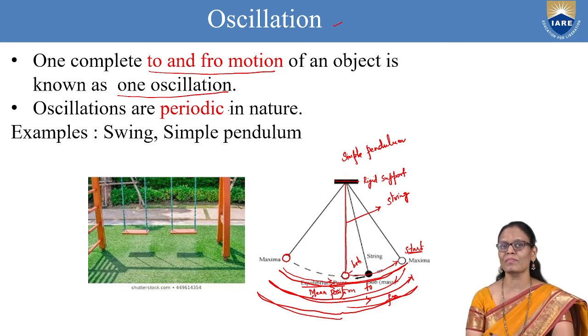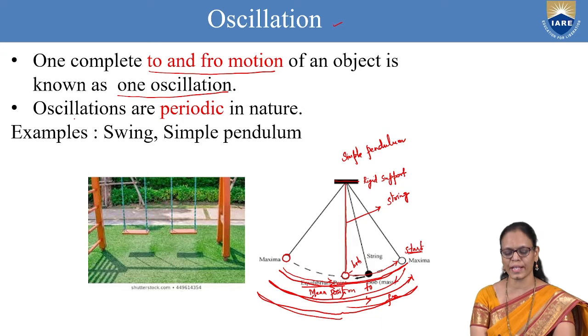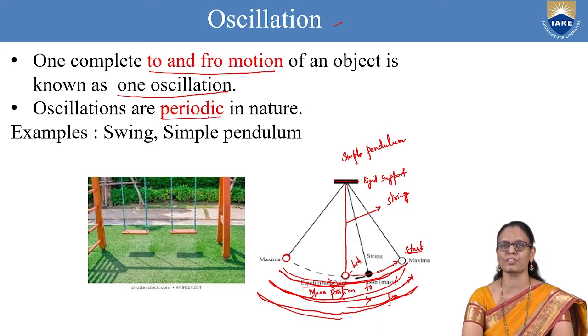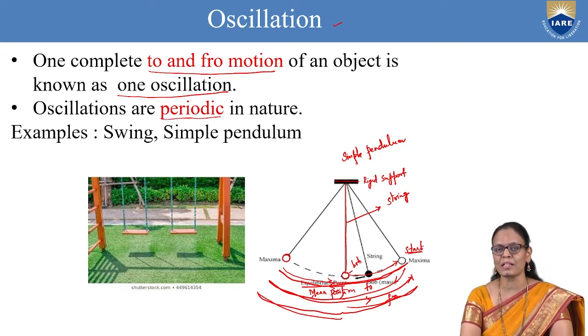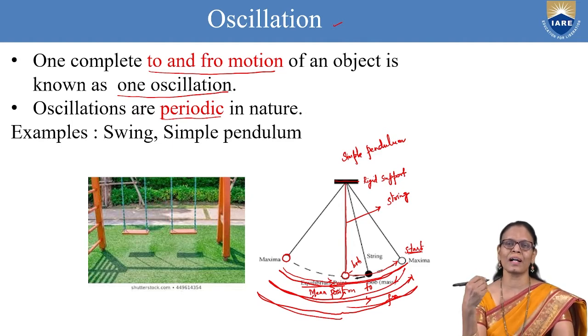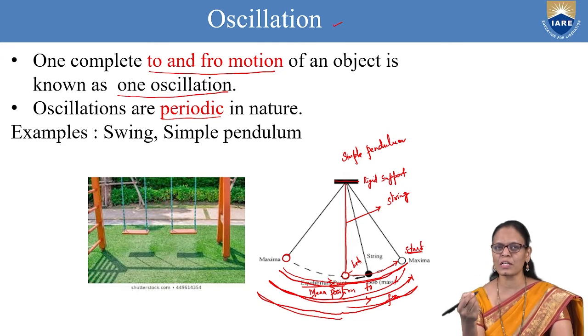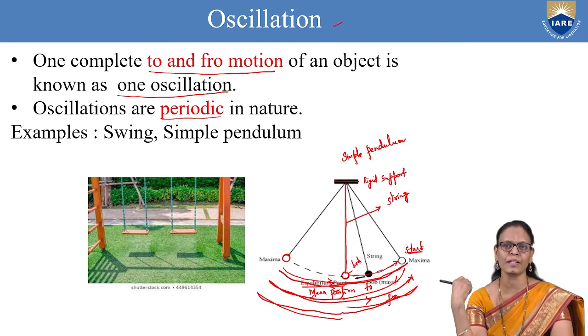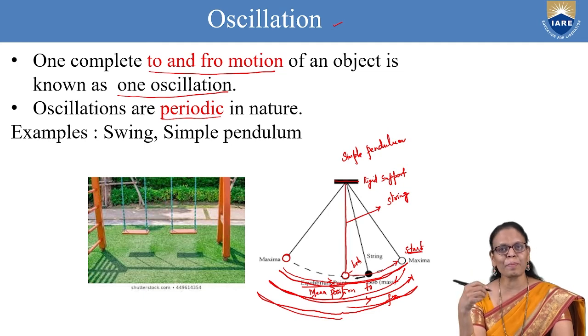Now, the next thing we need to understand is these oscillations are periodic in nature. Periodic here means whatever repeats itself after regular intervals of time, we call it a period. Suppose when you are attending the lectures, you will have the first period, second period, third period and so on. Why do we call them periods? Because they are repeating at regular intervals of time.